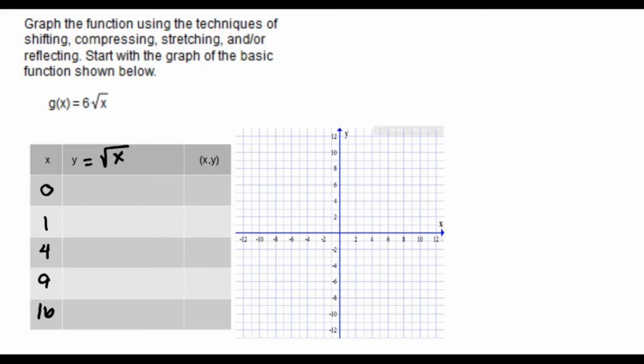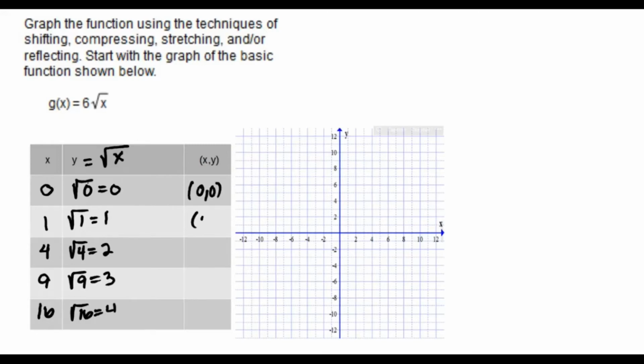So this will give the square root of 0, which is 0, the square root of 1, which is 1, the square root of 4 is 2, the square root of 9 is 3, and the square root of 16 is 4. So the ordered pairs that we're going to plot for our basic function are (0, 0), (1, 1), (4, 2), (9, 3), and (16, 4).